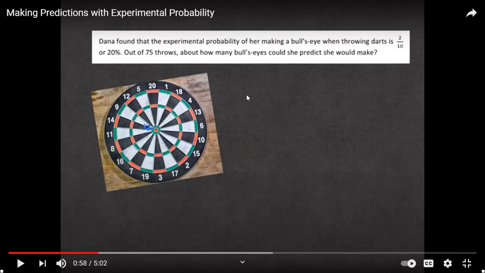Now we said, out of 75 throws, about how many bullseyes could she predict she would make. Then she threw it 10 times, then she got two, right? Then what about out of 75 times? How can we find the answer? Can anyone help us?